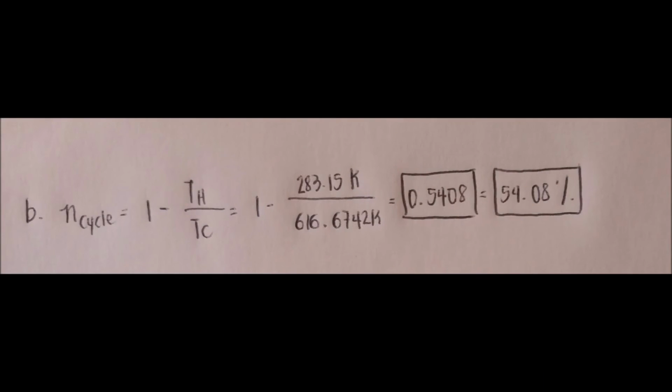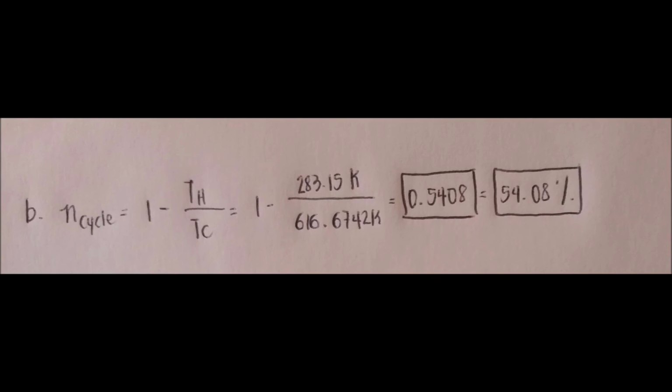By employing the Gay-Lussac law, P2 over T2 is equals to P3 over T3, the value of P3, the maximum pressure that is asked, can already be obtained, and it is equivalent to 8045.6465 kilopascals.